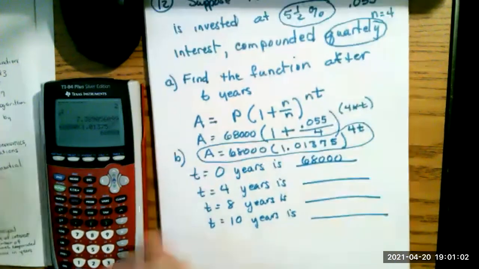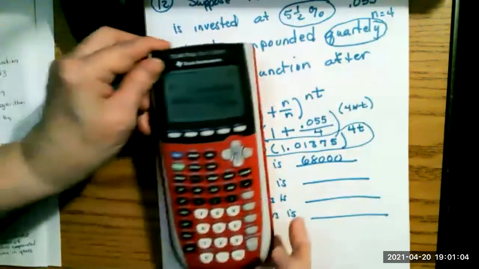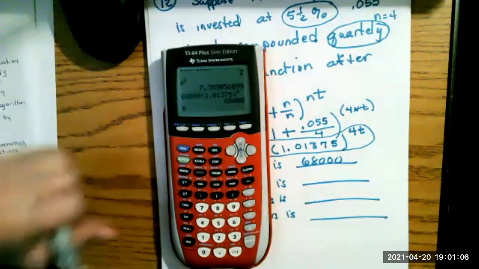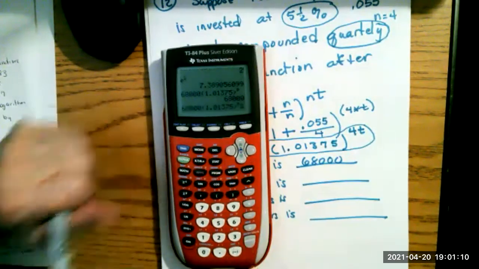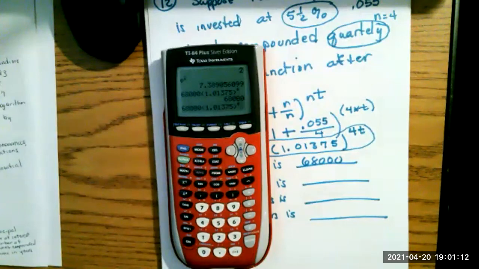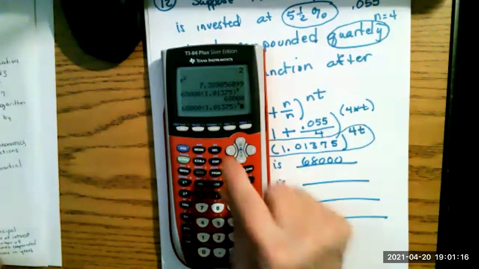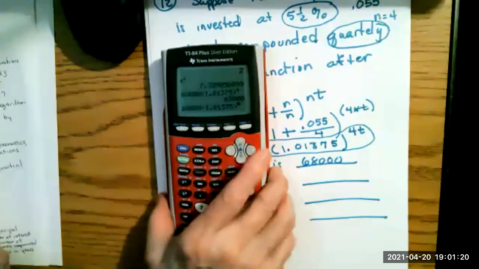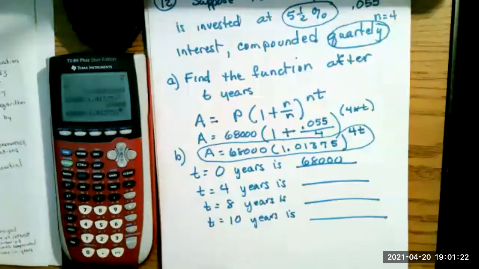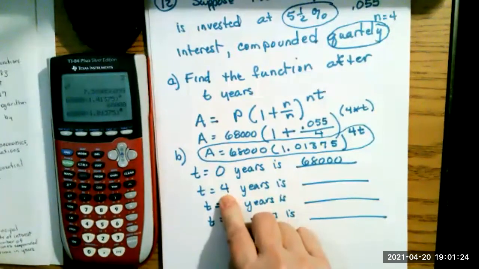Now don't retype it. Hit the second button and the enter button, and it will reprint what you've done, the 68,000 times the number. Then just go backwards and change that 0 to whatever you want. In the second one, I want to do 4 years.